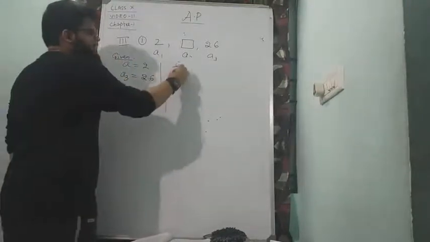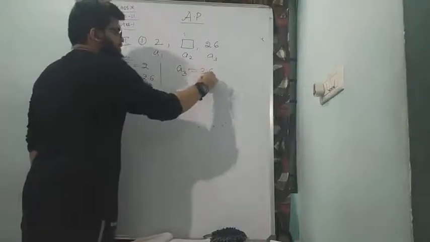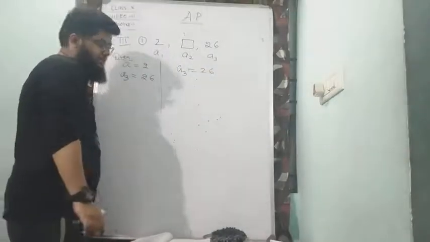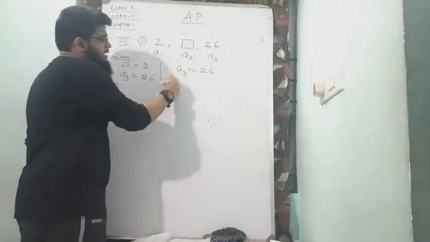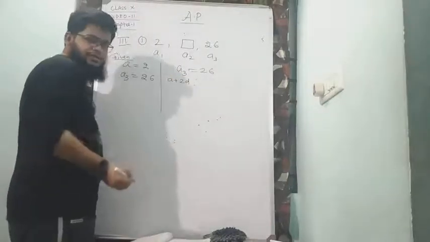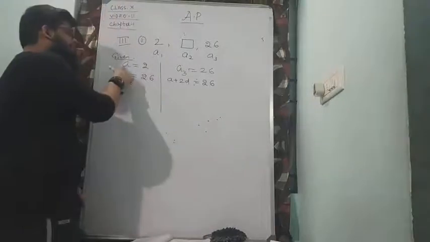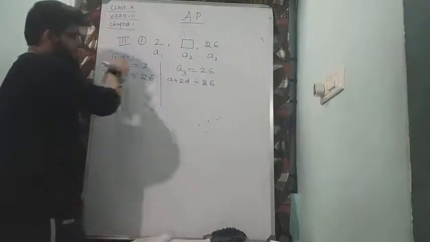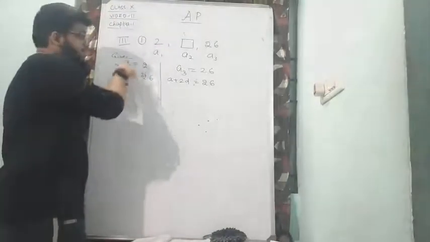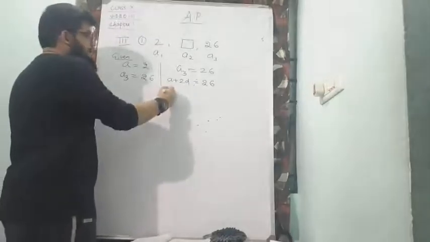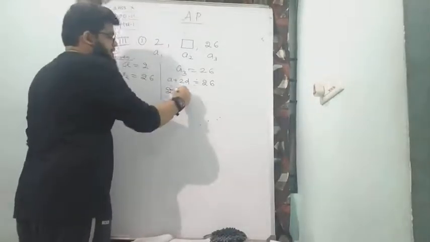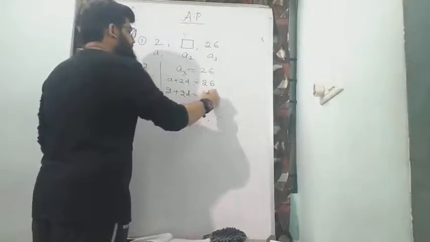I'll write A3 as equal to 26 because that is in the question. The value of A3 is A plus 2D according to the general form, that is equal to 26. In place of A, I can write 2, because that is given in the question. So the value of A will be 2 plus 2D is equal to 26.